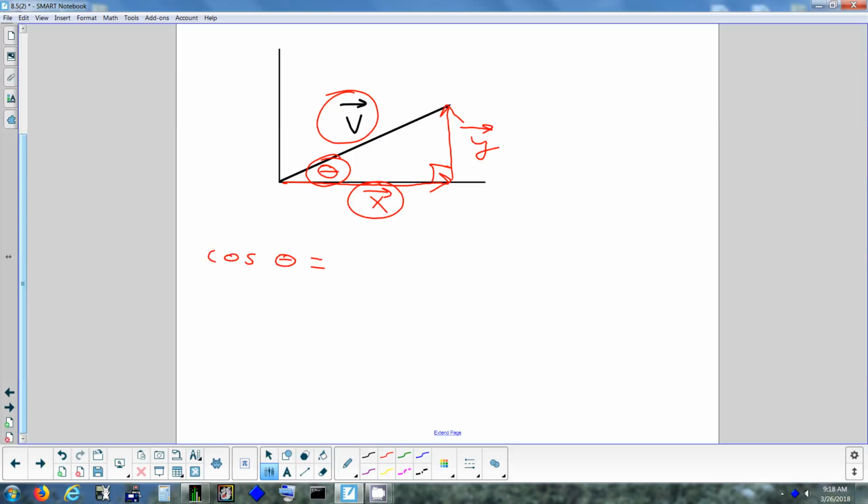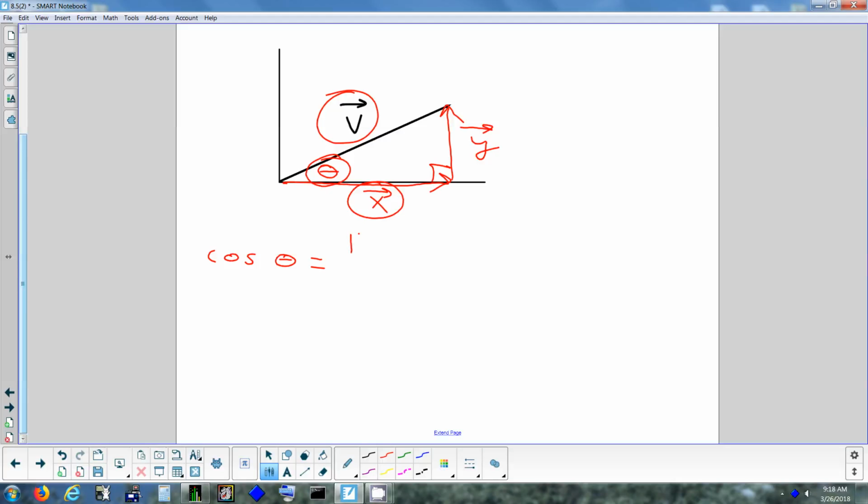Now, we've got to be careful how we write this. When we set up a trig function, cosine is adjacent over hypotenuse. But what about the adjacent? Like the color of the adjacent, how heavy the adjacent side is, like what is it about the adjacent? Yeah? The length. Okay? So it's the length of the adjacent. And when we're talking about vectors, what do we call length? Yep. Magnitude.